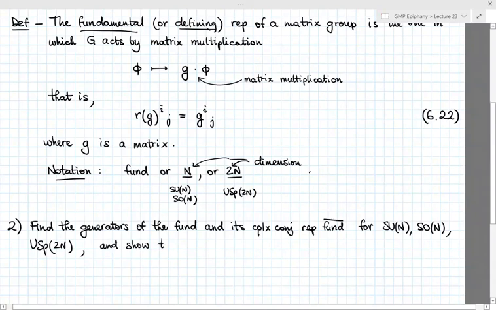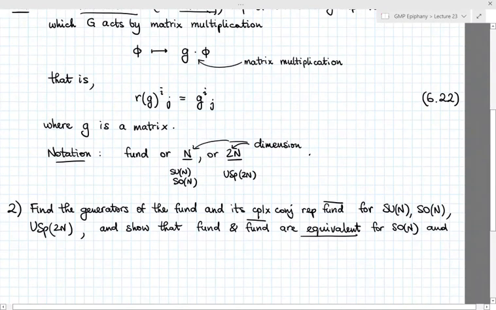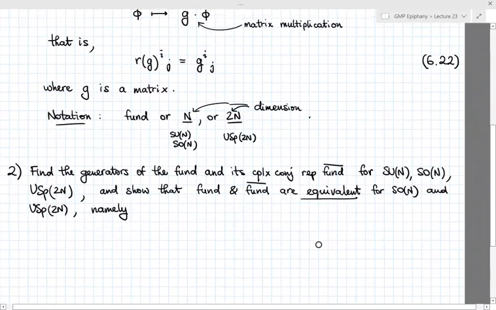And show that the fundamental and the anti-fundamental representation are equivalent for SO(N) and USp(2N). Where equivalent simply means that they're related by a similarity transformation.